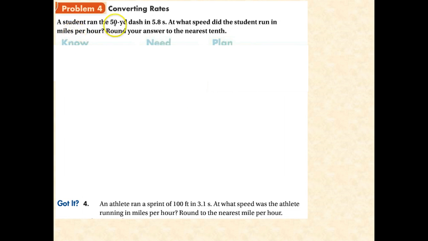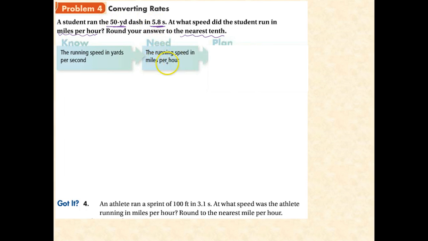All right, a student ran a 50-yard dash in 5.8 seconds. 50 yards. What speed did the student run in miles per hour? Now they tell us to round to the nearest tenth. All right, so what do we know? We know the running speed in yards per second. 50 yards per 5.8 seconds. We need the running speed in miles per hour.